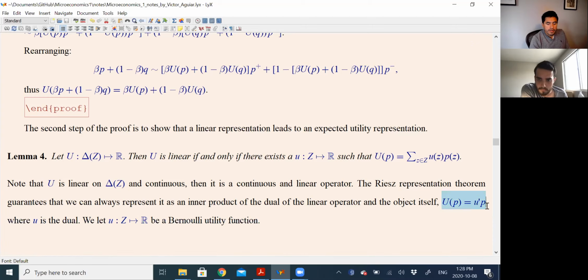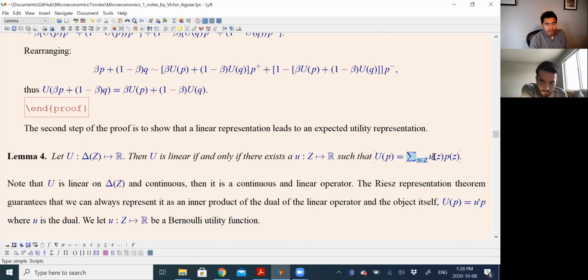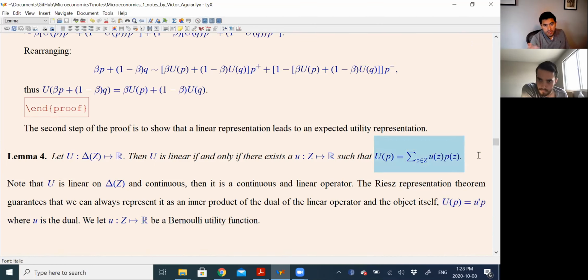So can you recognize easily that this is expected utility? If you go and check the sum, right? This sum, the expectation, is nothing other than an inner product, right? So it's entry by entry multiplication of the entries in U, the vector, times probabilities of the particular state space, so the entry of P, and then sum over all states, over all entries of the vector.